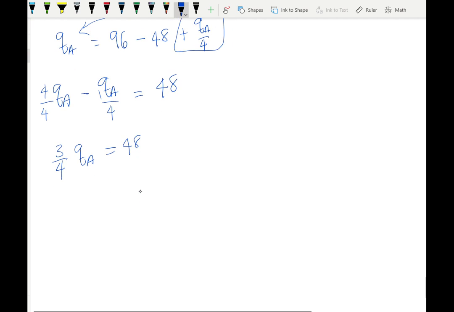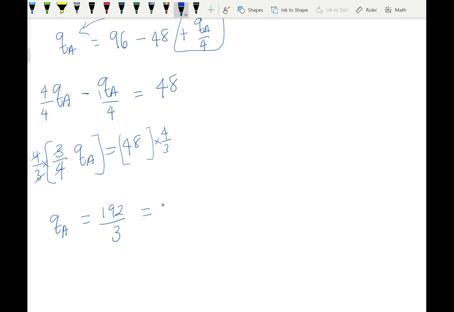Again, we want QA by itself, so we're going to multiply both sides by 4 over 3. To get QA by itself, these two cross out, so we end up with QA equal to 192 divided by 3, which is 64.